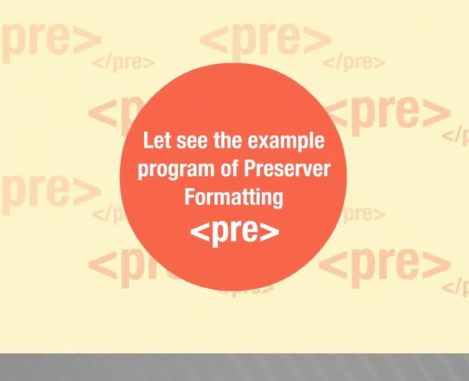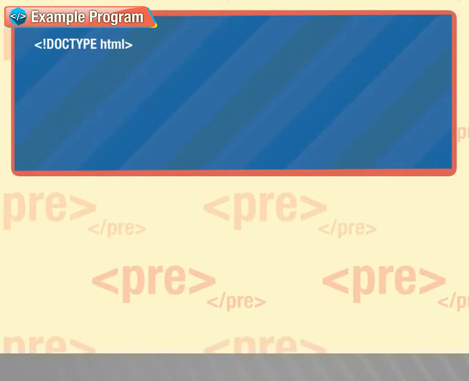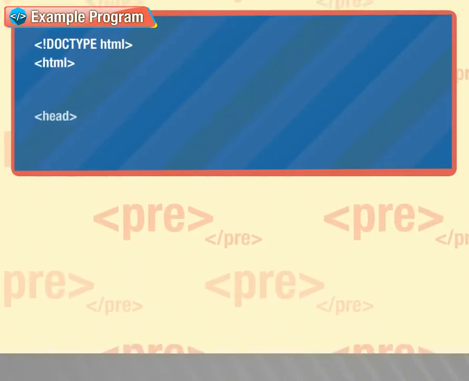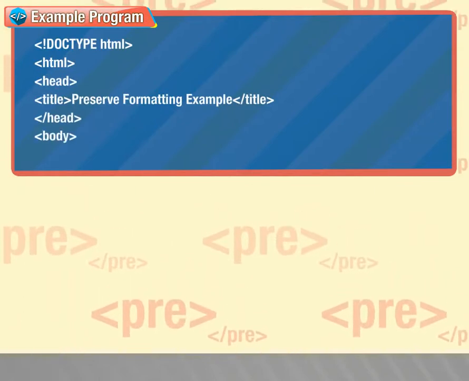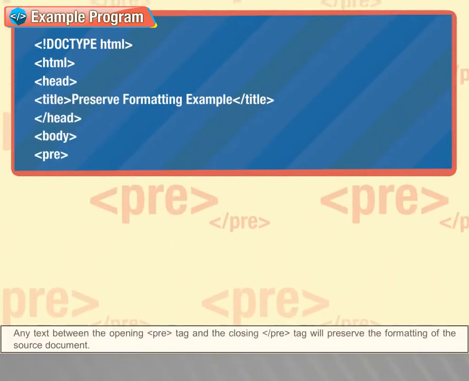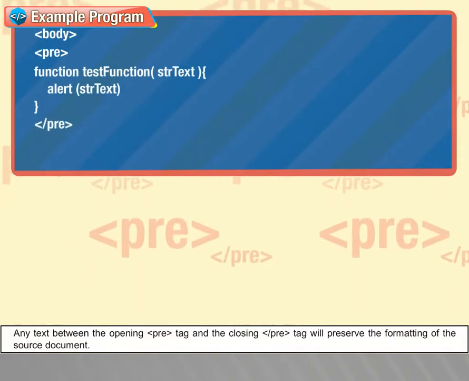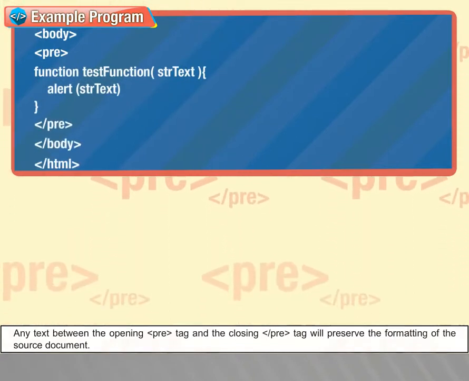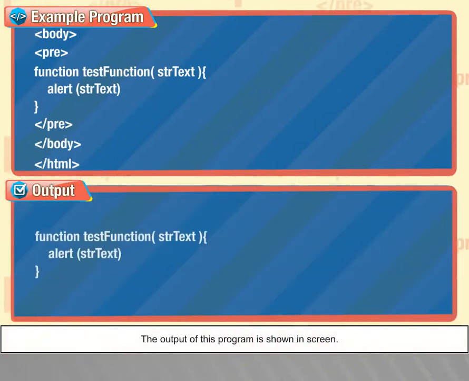Let us see the example program of preserve formatting. Any text between the opening PRE tag and the closing /PRE tag will preserve the formatting of the source document. The output of this program is shown in screen.